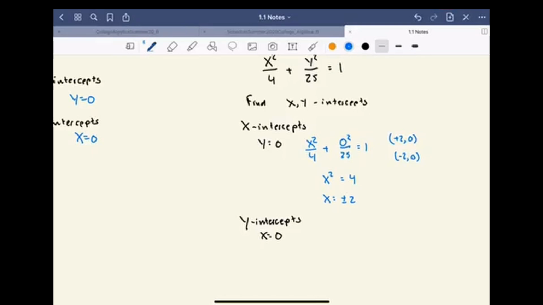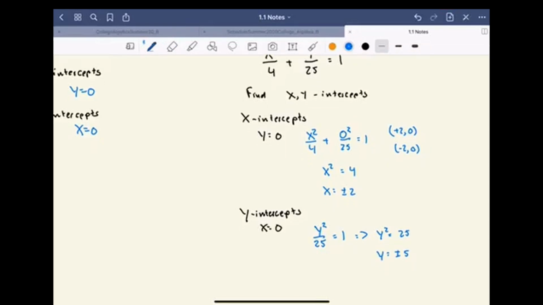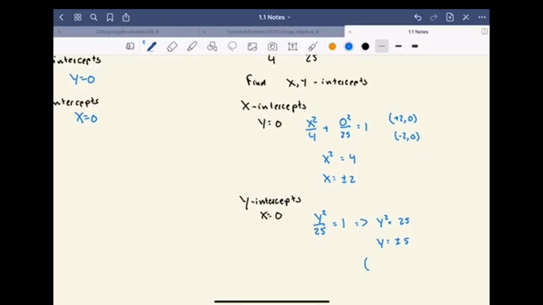Okay, so now that simplifies to y squared over 25 equals 1. Y squared equals 25. Y equals plus or minus 5. Okay, so you get the points 0, positive 5, 0, negative 5.